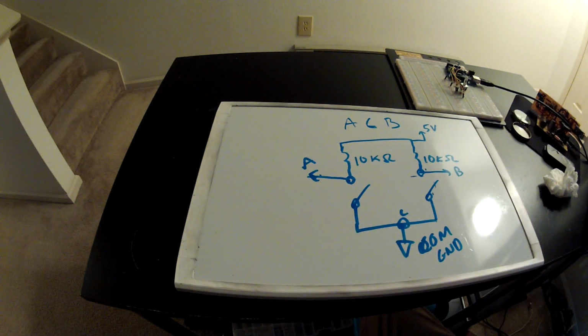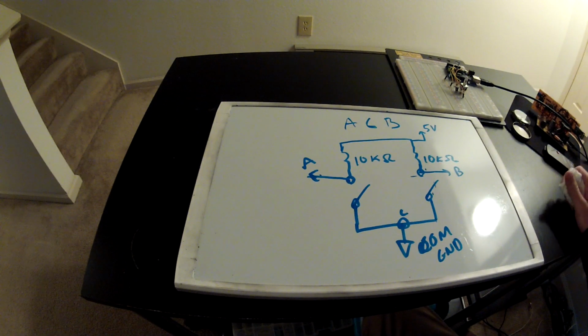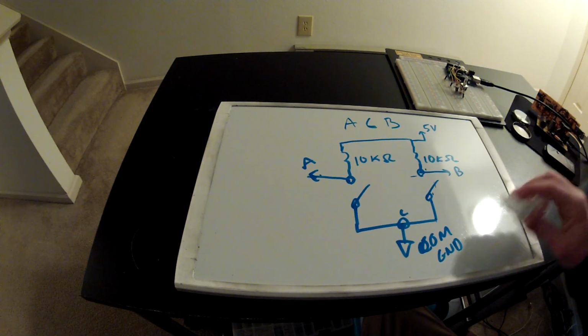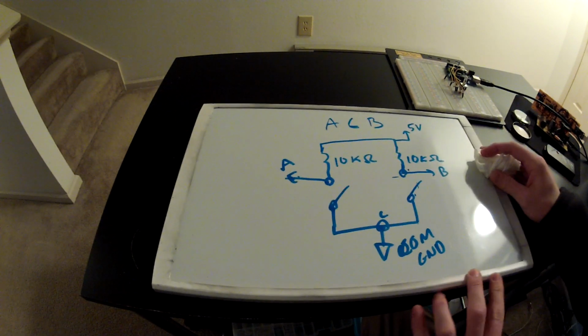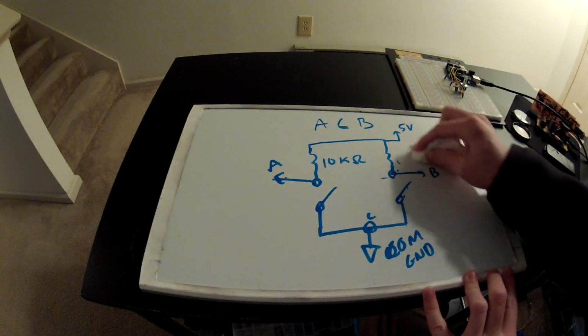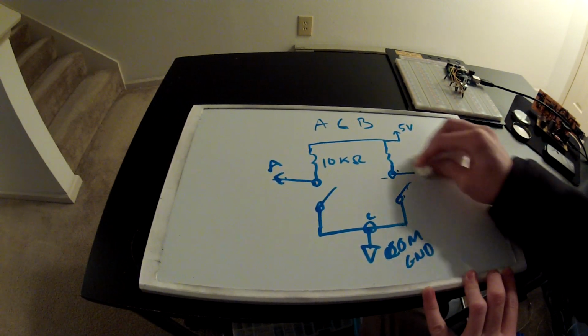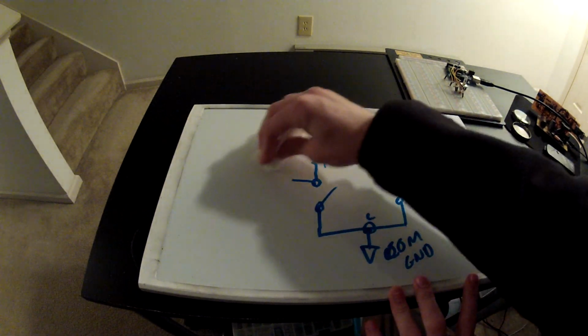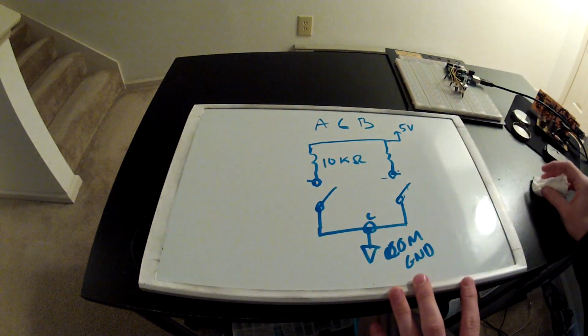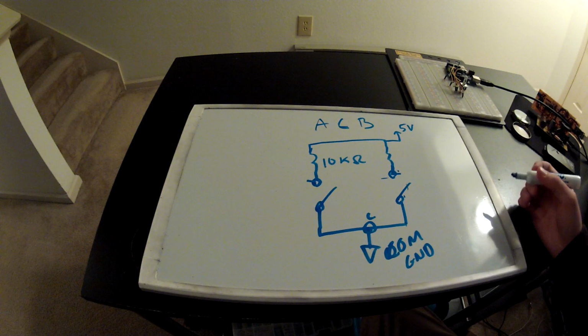So go ahead and wire that up, and you'll find it does not work. It didn't work in my case, or it works very poorly. If you keep reading on in the data sheet, you'll see that they talk a little bit about bounce on the circuit and a little bit of noise.